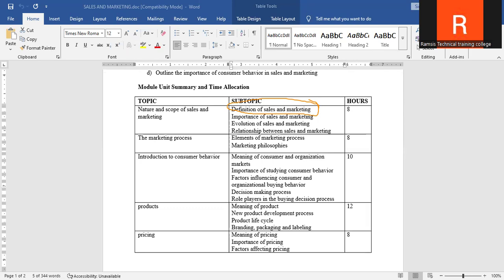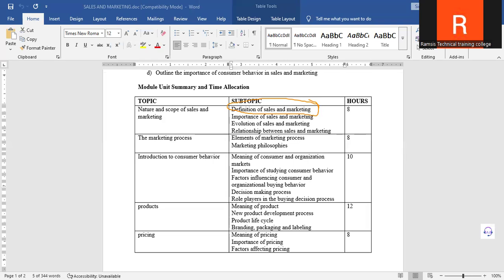Whereas sales is the process of directly persuading and convincing potential customers to purchase a product or service. It also focuses on converting leads or prospects into actual buyers, most of the time through personal interaction.